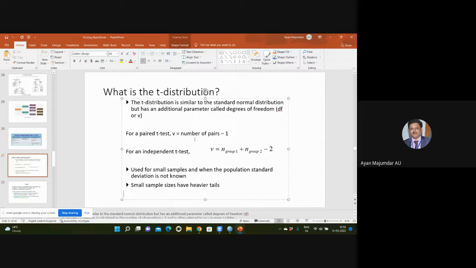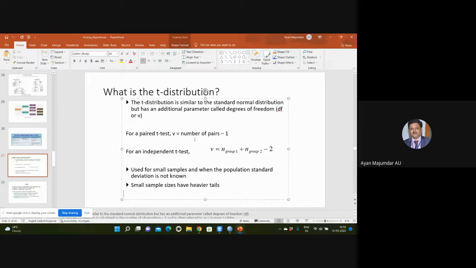Since we will check one example using the table value to decide whether to accept the null hypothesis or not, I am just telling you the degree of freedom is basically n minus 1, the number of observations minus 1. If you are using two groups, then it will be the observations of both groups added, n1 plus n2, minus 2. That is when the t distribution is used.